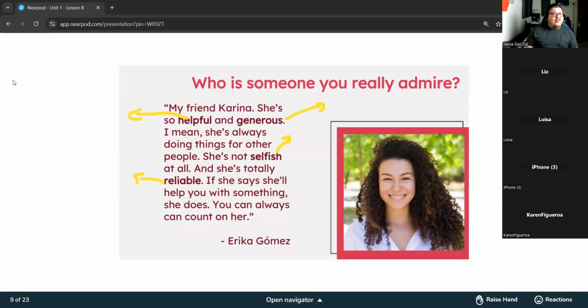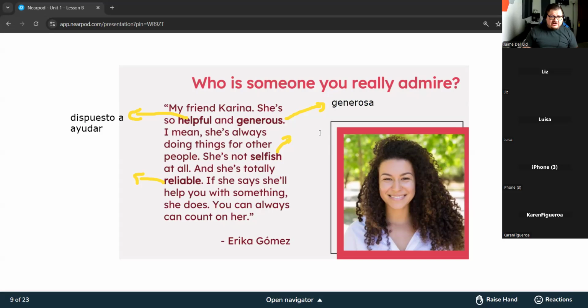She's so helpful. Helpful es alguien que ayuda, alguien dispuesto a ayudar. And generous. Este es otro que parecería un cognado, ¿verdad? Porque generoso, ¿verdad? Generous, generosa in this case, right?